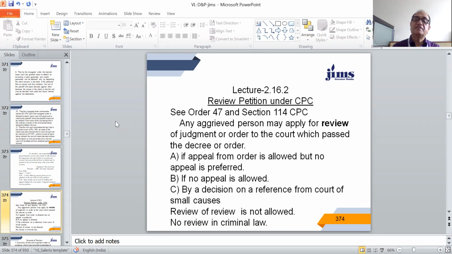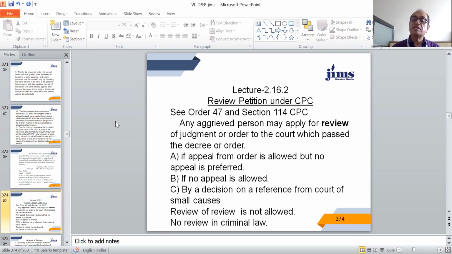And third, a decision on a reference from the court of small causes. The court of small causes has referred this matter to a higher court, and the higher court has given a decision on reference from the court of small causes. So against that decision, you can file a review petition.